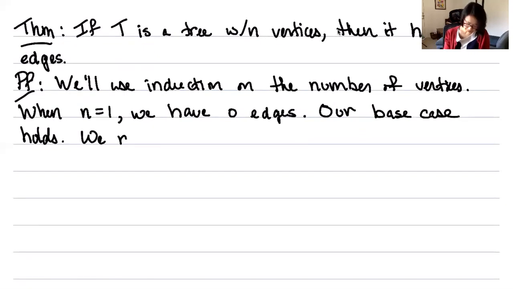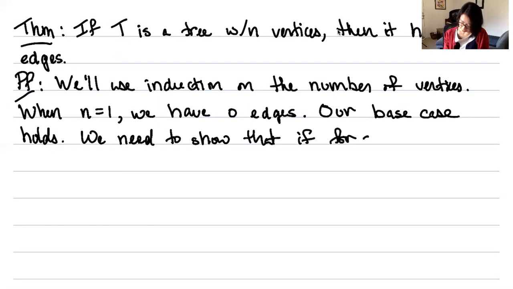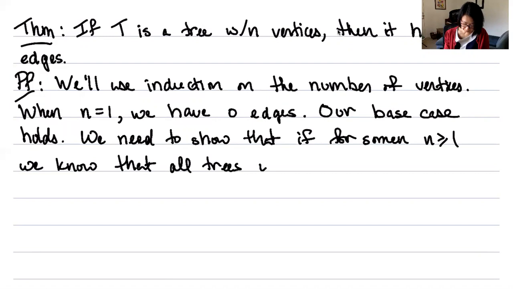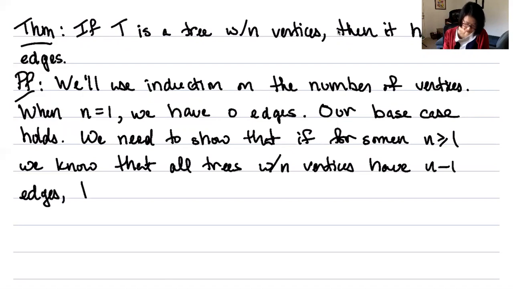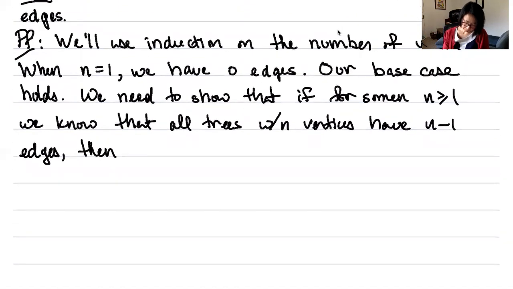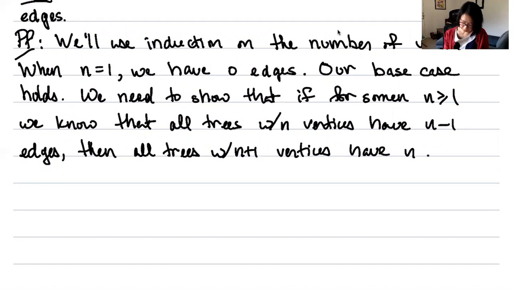So now we need to show that if for some n greater than or equal to 1, we know that all trees with n vertices have n-1 edges, then all trees with n+1 vertices have n edges.